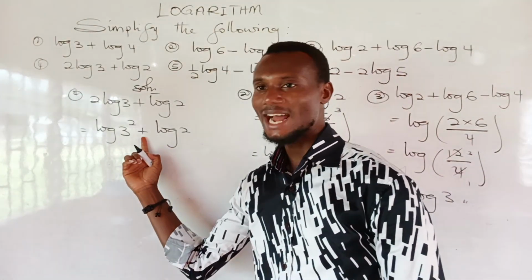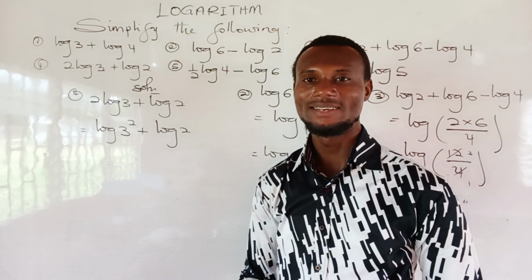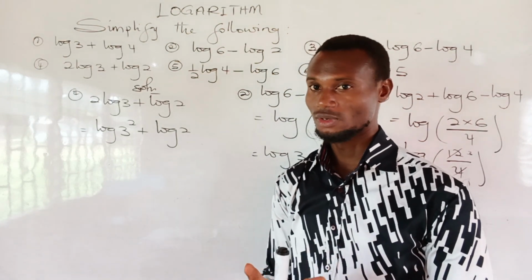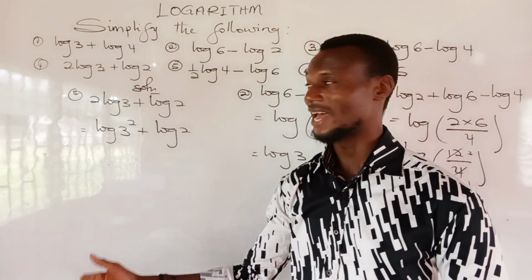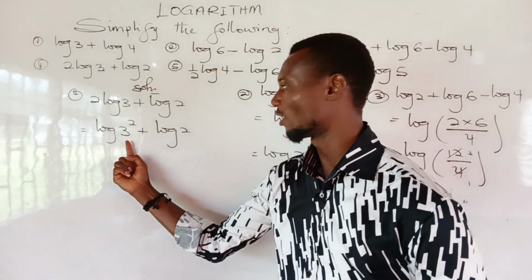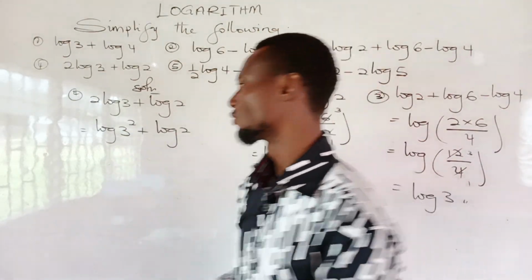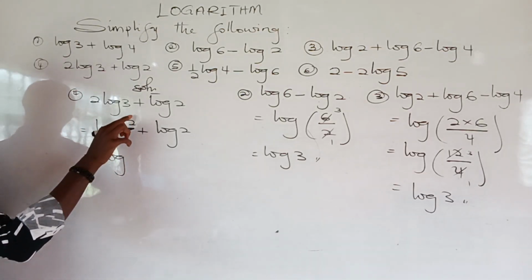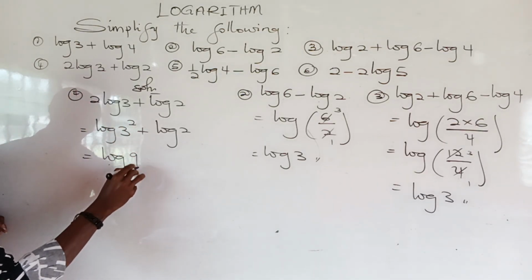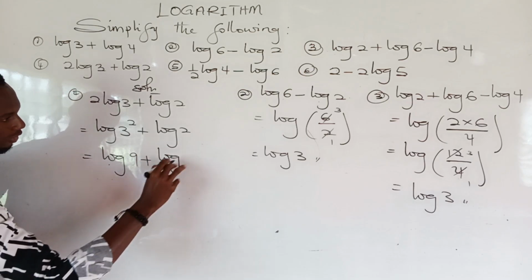Now, seeing addition here, we have to apply the product rule, meaning we are going to multiply. But before we go ahead and multiply, let's simplify the 3 to the power 2. So now it's going to be log 9, since 3 to the power 2 is 9, plus the log 2.